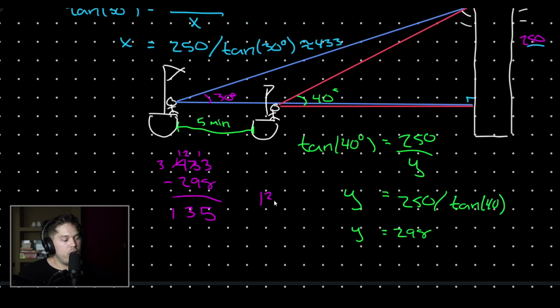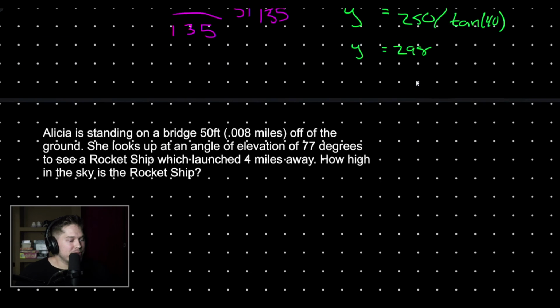So we take 135, divide by 5 to get 27. So we are traveling at a speed of 27 feet per minute. It's a pretty slow moving boat, but there you have it. That's how you solve this problem.